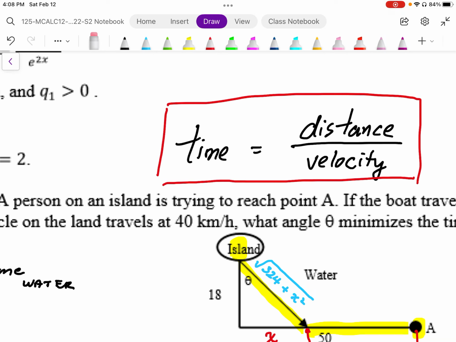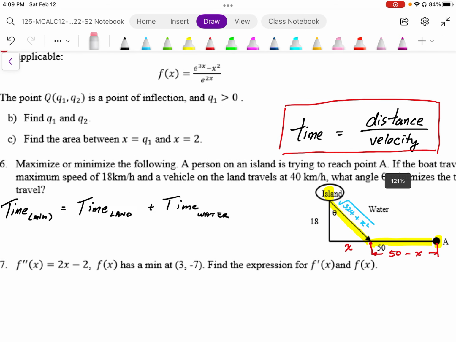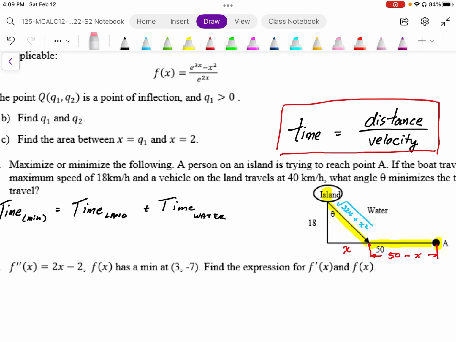So we're going to take the distance on water divided by the velocity on water, and then add that to the distance on land divided by the velocity on land. So we've been given the velocity on water and land. Velocity on water is 18 kilometers an hour. Velocity on land is 40 kilometers an hour.